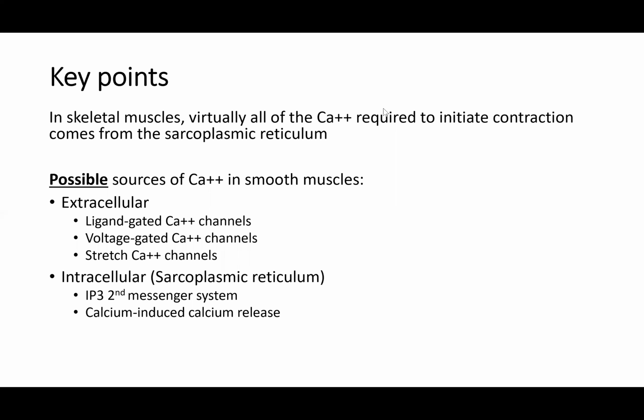So there are a few key points to understand about smooth muscles. The sources of calcium for smooth muscle contraction divide into two things. Number one, extracellular sources. Number two, intracellular sources.